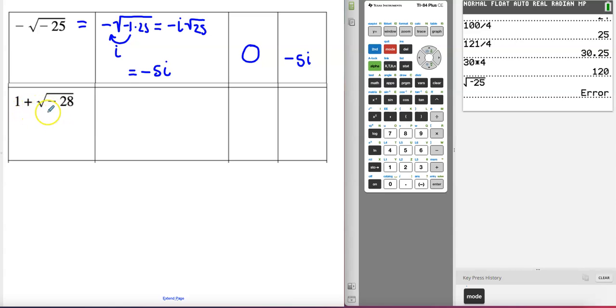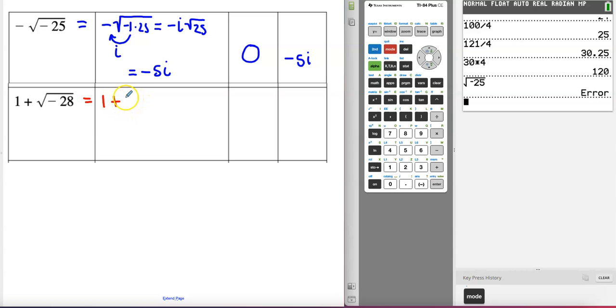Well, I can't add the 1 and the 28 together because the 1 is just a number by itself, a whole number, and the square root of negative 28 is a complex number, if you haven't noticed, but let's work with it. So I'm just going to write the 1 and plus.